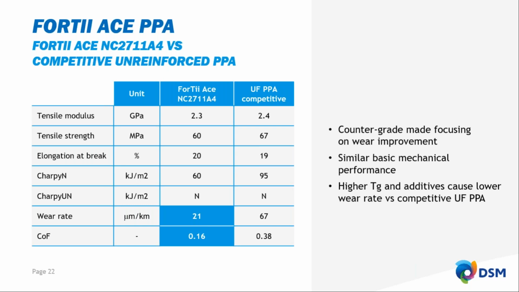However, due to the technology of this material, this is the wear and friction testing that I showed previously, the thrust washer test. The wear rate is a significant reduction, by up to 3 times, compared to the competitive PPA. Coefficient of friction is also quite good here and actually reduced versus what we've seen in the past.